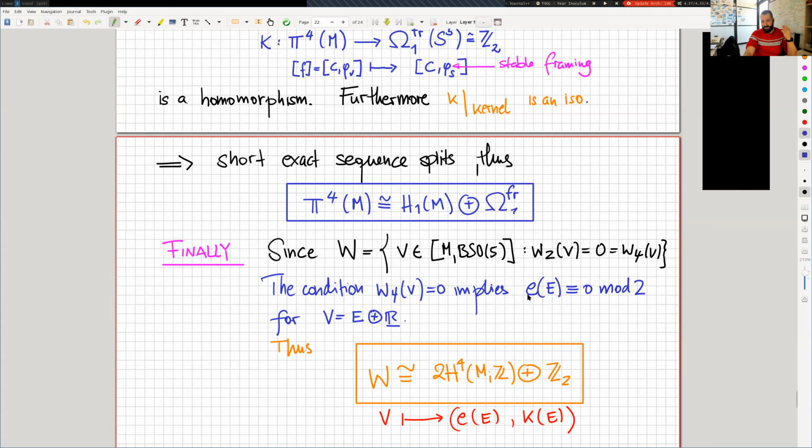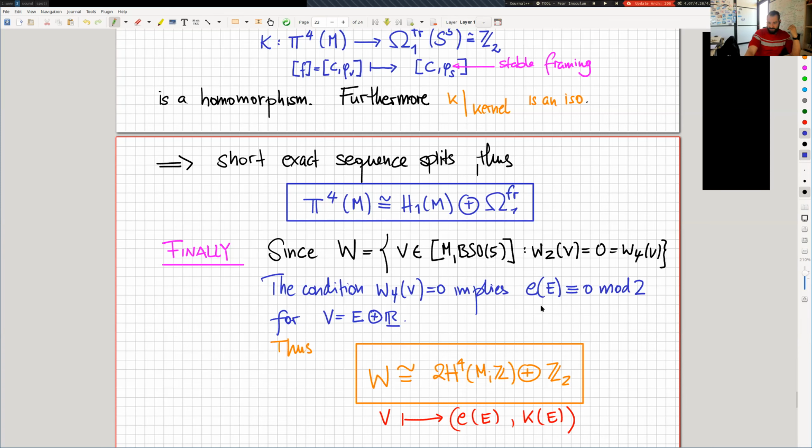So the relevant complex vector bundles for this classification are only those which have zero Euler class if I reduce the coefficients to Z2.